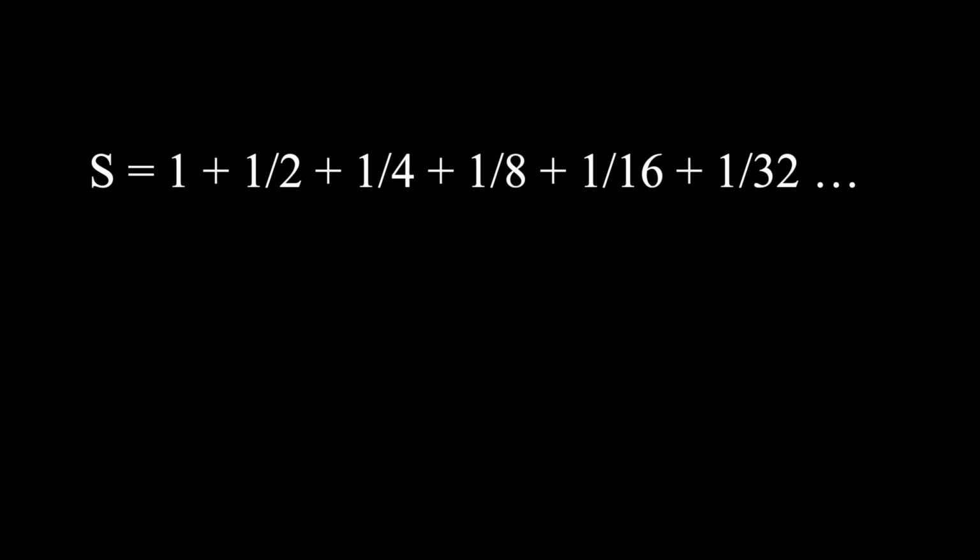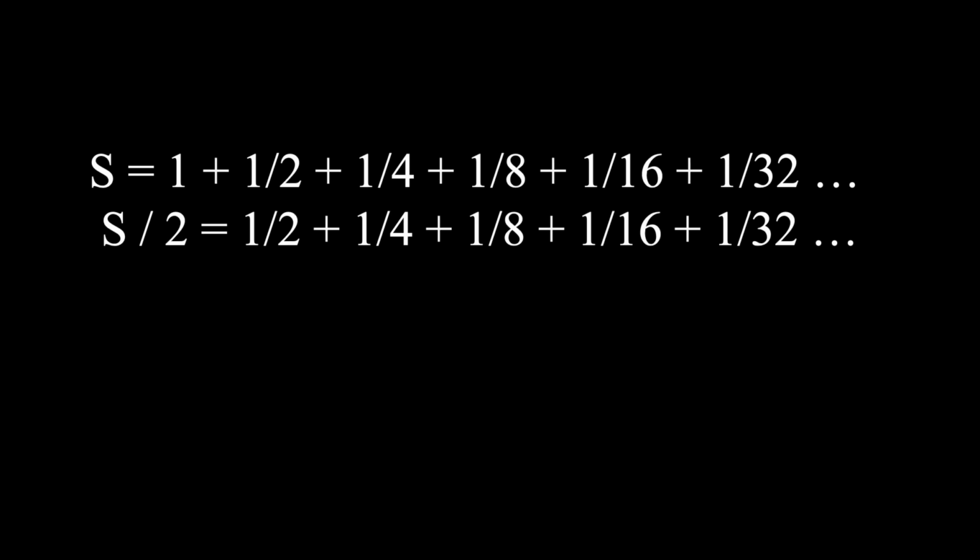What happens if we take half of s? We see that half of s is 1 half plus 1 fourth plus 1 eighth plus 1 16th plus 1 32nd, etc. Wait, this looks familiar. This will actually help us a lot. We just need to take one clever leap.